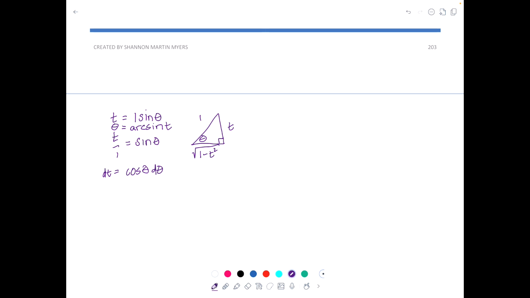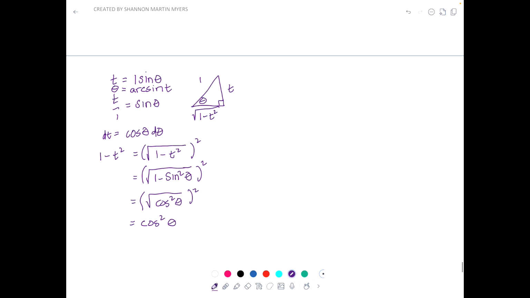And I'm going to write 1 minus t squared to the power of 1 is equal to the square root of 1 minus t squared squared, which would be the square root of 1 minus sine squared theta squared, which will be the square root of cosine squared theta squared, which is just cosine squared theta. Groovy?